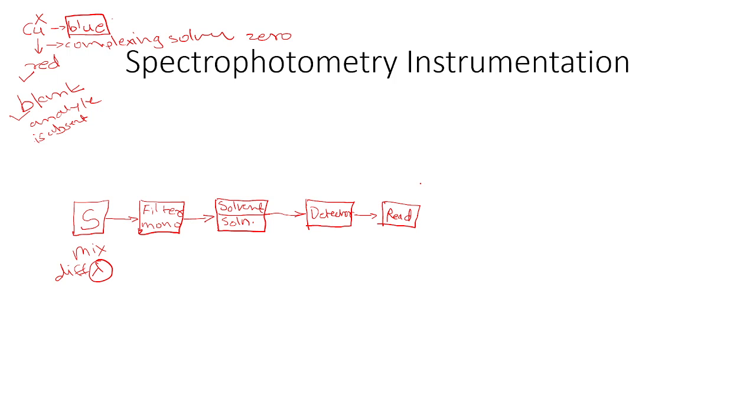So this is the block diagram of spectrophotometry instrumentation. As I told you, there is a source and a monochromator. These are two different parts, whereas the detector and readout instrument are also two different parts of this spectrophotometer instrument.